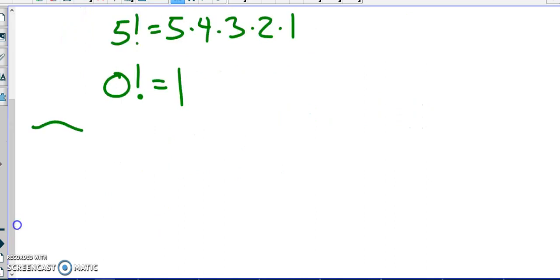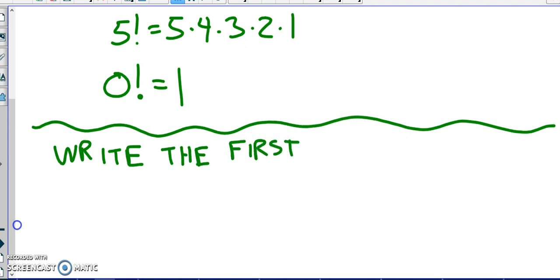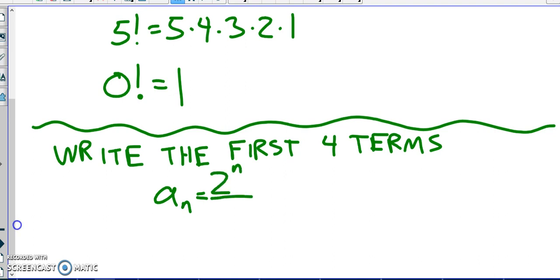So with that having been said, let's write the first 4 terms again. A sub n equals 2 to the nth over n minus 1 factorial.